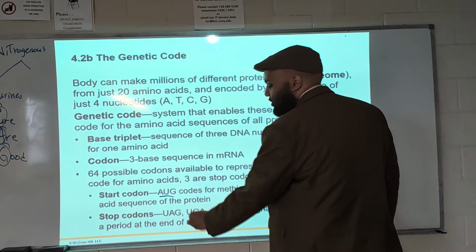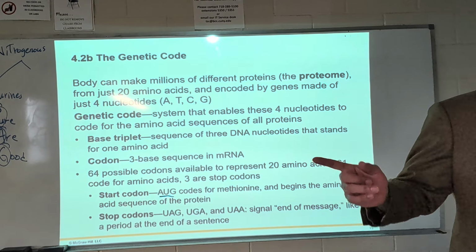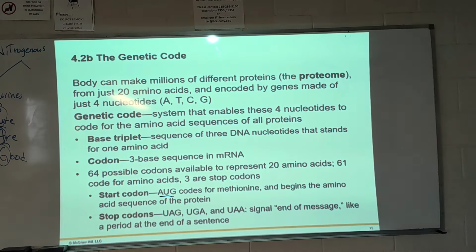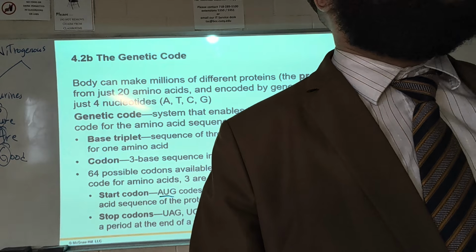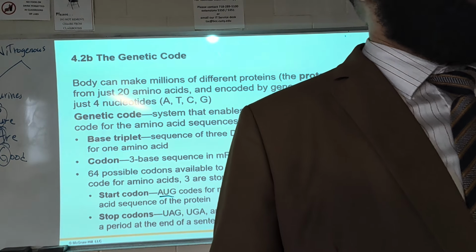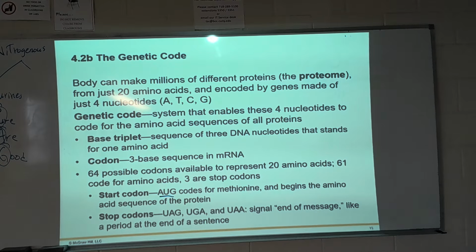AUG. Everybody sees AUG? When RNA polymerase sees AUG, it knows it has to begin transcription here. And the same way we have a start codon, we have to have an end codon. We don't call it an end codon, we call it a stop codon. There are 3 stop codons: You go away, UGA.